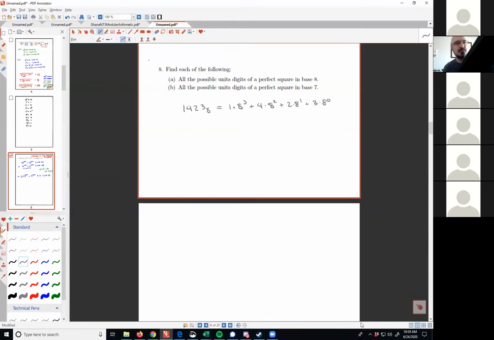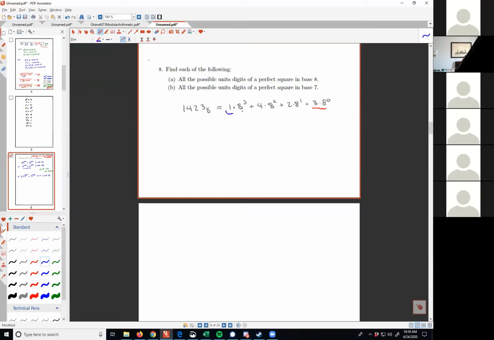So we're relating all these digits to powers of 8 and multiplying. So what do we know about the units digit separate from everything else?